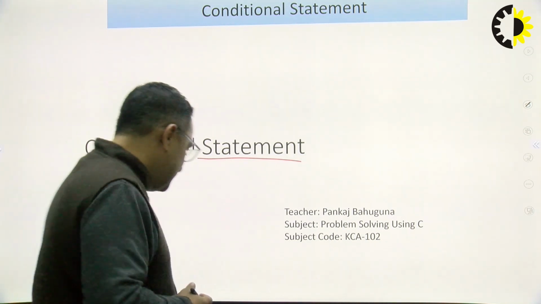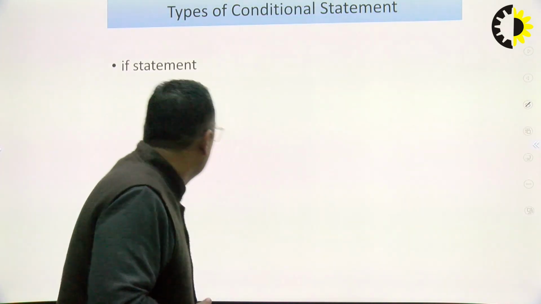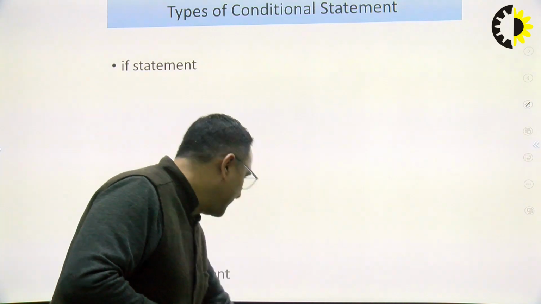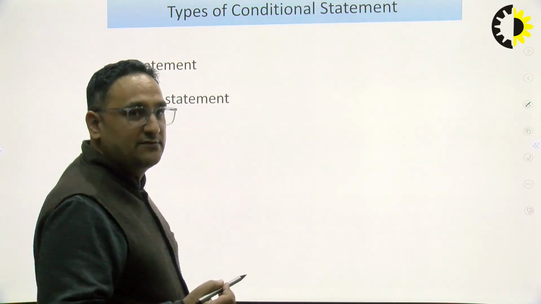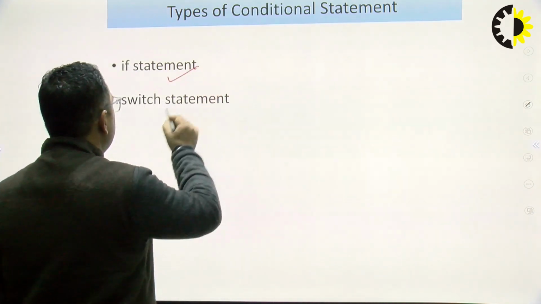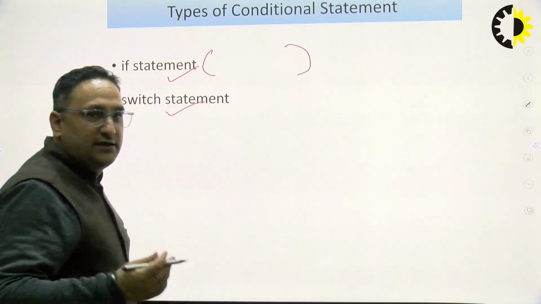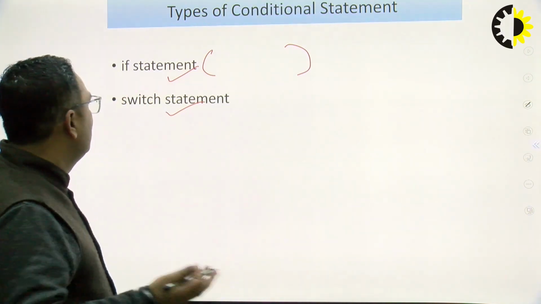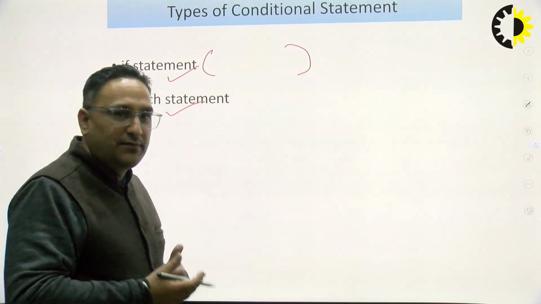I just want to have a quick recap again about the types of conditional statements. There are if statements and switch statements, and then they are further divided into multiple conditional statements, depending on the way the program is written.